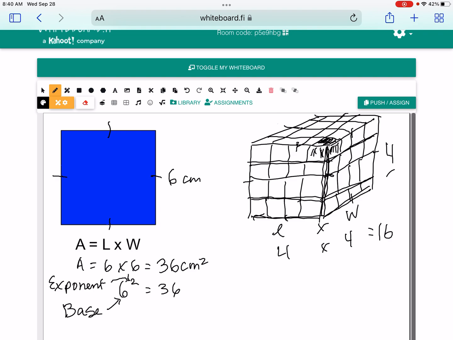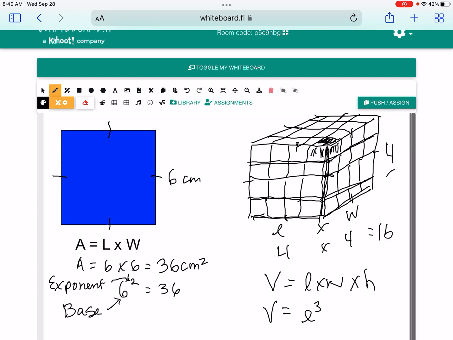So then volume becomes length times width times height, or in the case of a cube, edge cubed. We're talking about side times side times side, taking into account not just the length and the width, but also the height. And this is what we call volume.